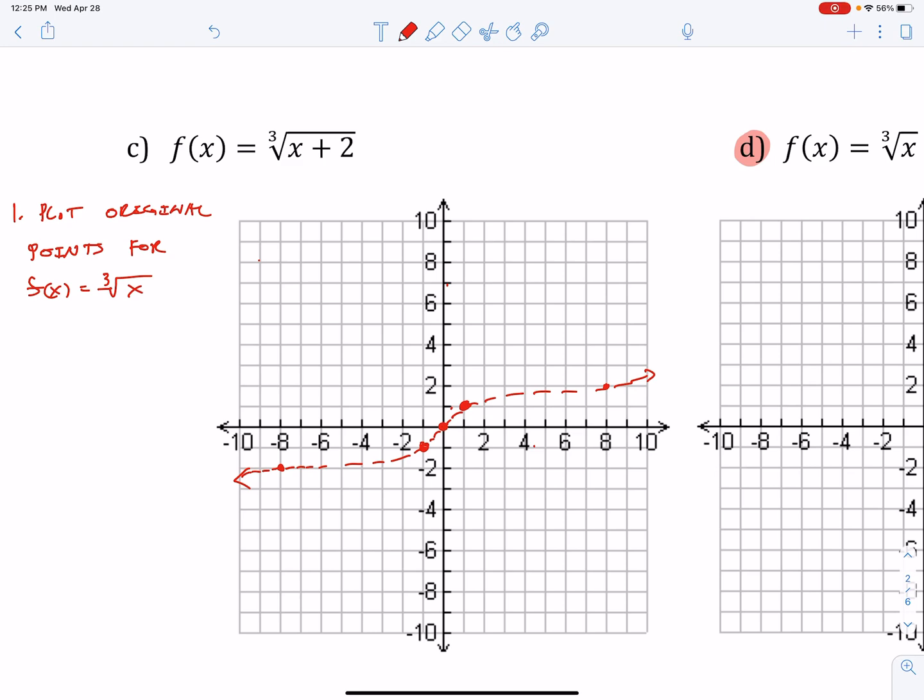Okay, now the second part we want to do, and I'm going to put this in blue. This is the shortcut. We want to translate, basically just move, these points to the specified amounts.